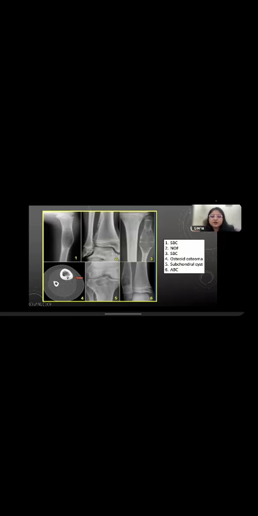Fourth, a cortical lesion which is causing sclerosis and has a central lytic nidus, and that is a typical appearance of an osteoid osteoma. Fifth example, a subchondral cyst in a degenerative knee. Sixth, aneurysmal bone cyst.